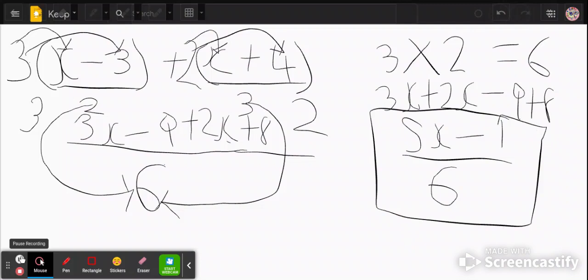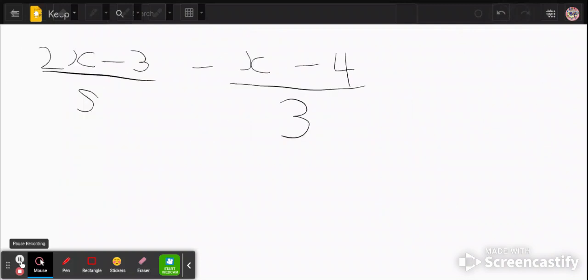Let's go to our final one. Okay, so this one states 2x minus 3 over 5 minus x minus 4 over 3, right? So, as you know, we need to find our common denominator between 5 and 3.